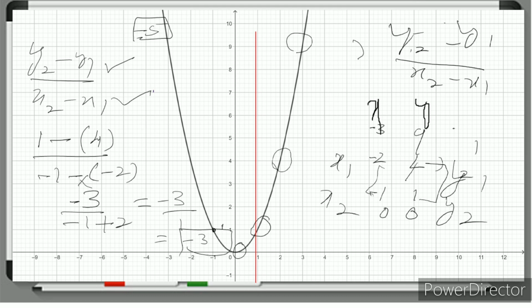So here when we see, in the first case I got the slope as minus 5, in the second case I get the value as minus 3. That means the rate of change is not constant, that means the slope value differs. y2 minus y1 by x2 minus x1 differs for different points. If the rate of change is constant, then it is a linear graph, but it's not constant, it differs.